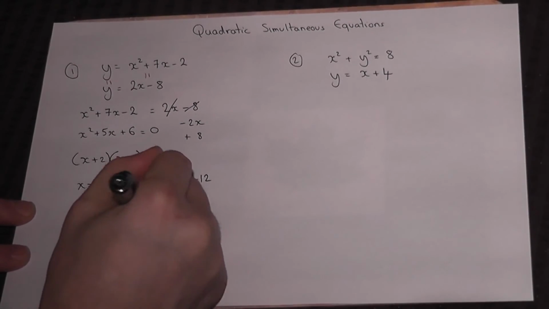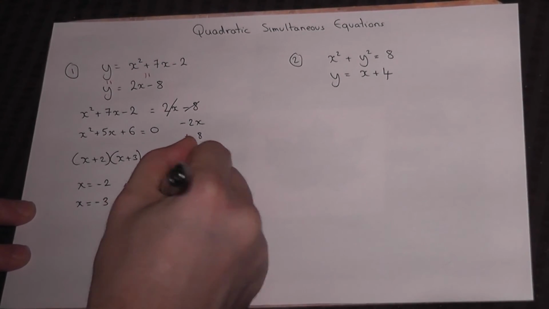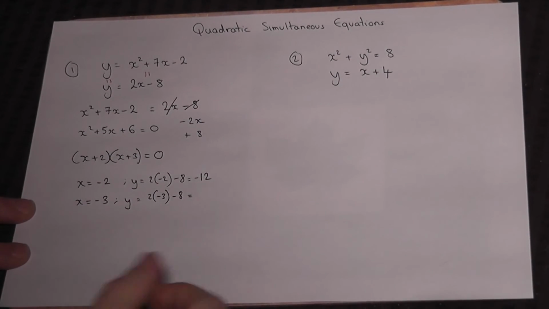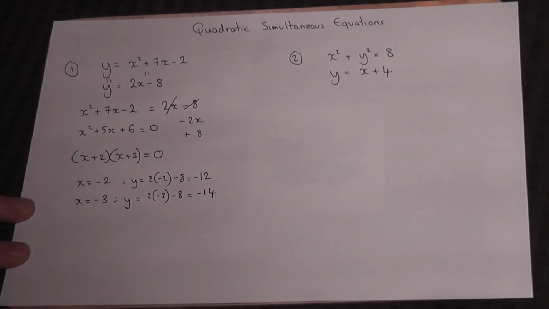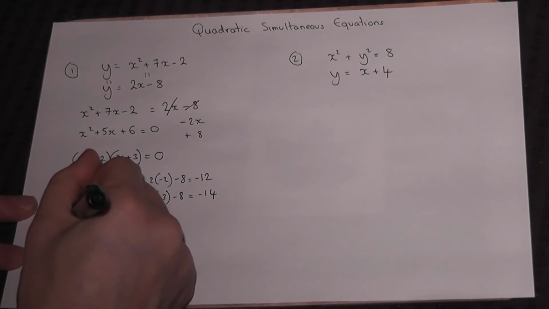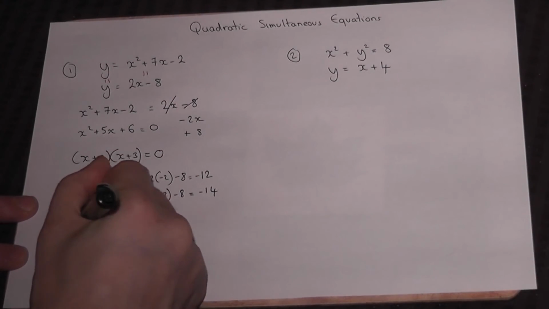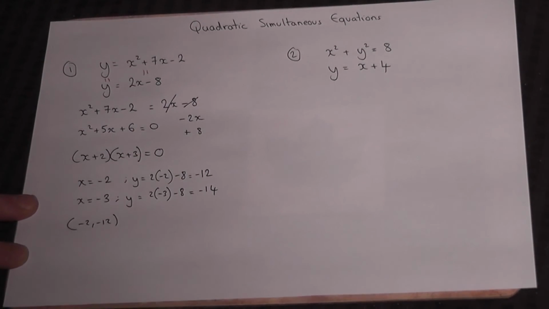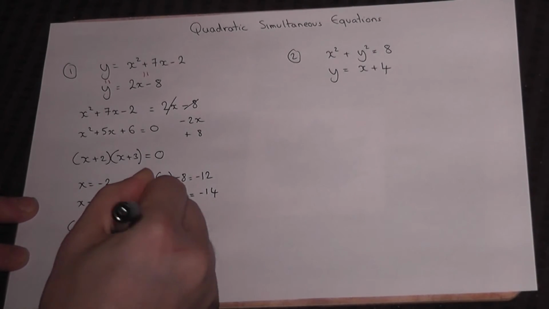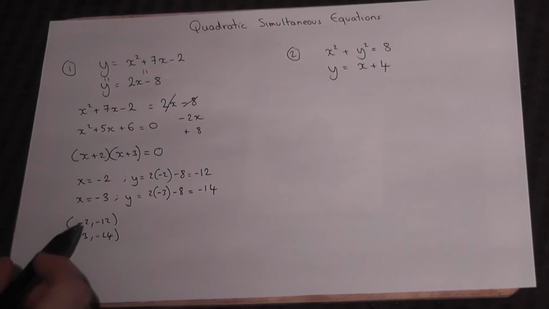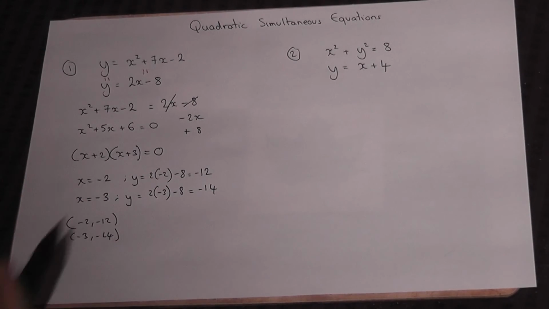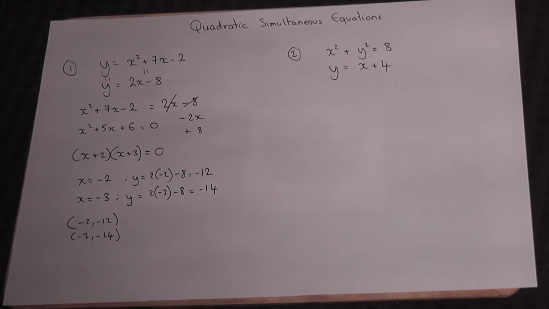Or y is 2 times minus 3 minus 8, which is minus 6 take 8, which is minus 14. And there are the answers. Actually, two sets of coordinates. The first coordinate is minus 2, minus 12. The other coordinate is minus 3, minus 14. So these values are the solutions to these two equations, and it's where the actual curves and lines intersect.